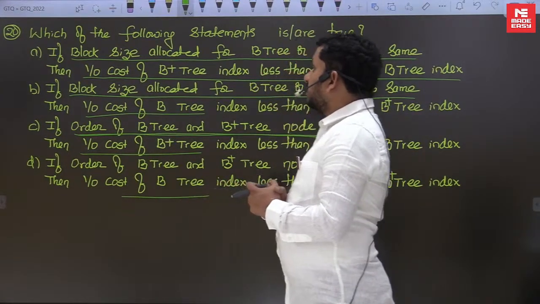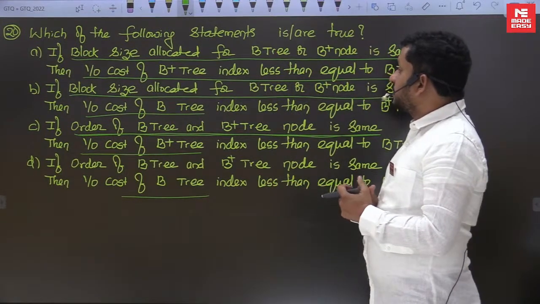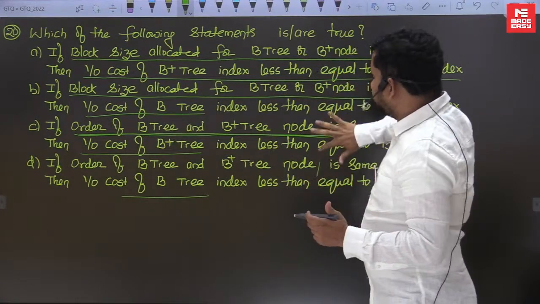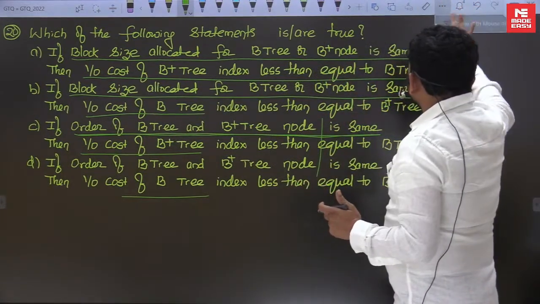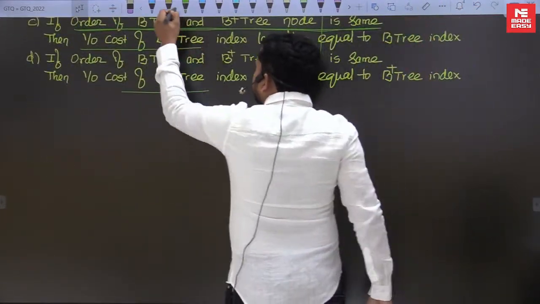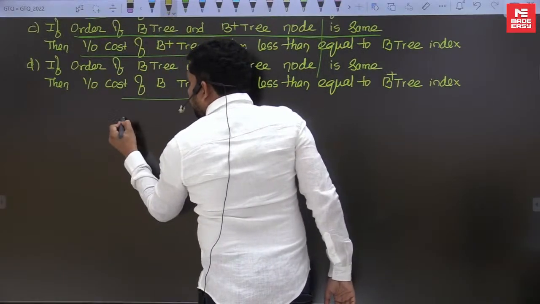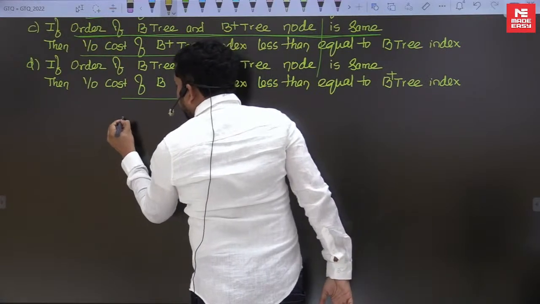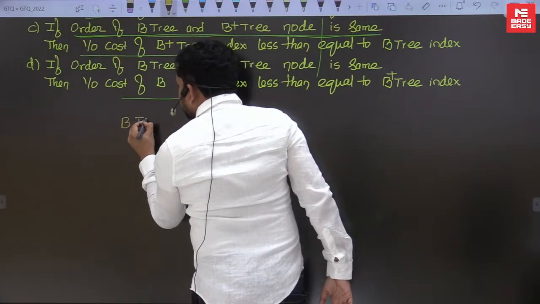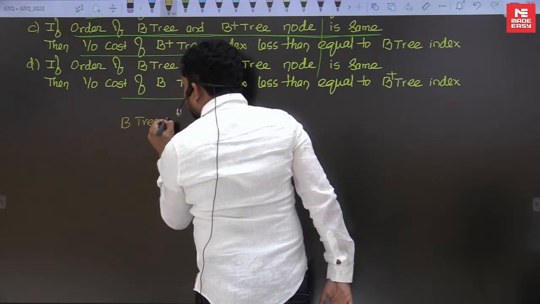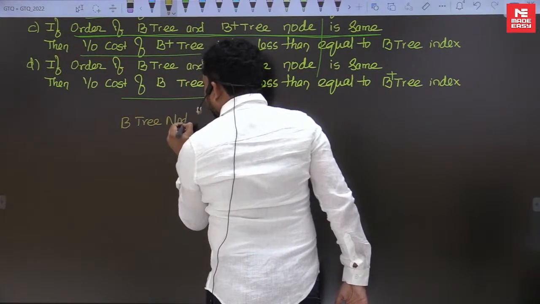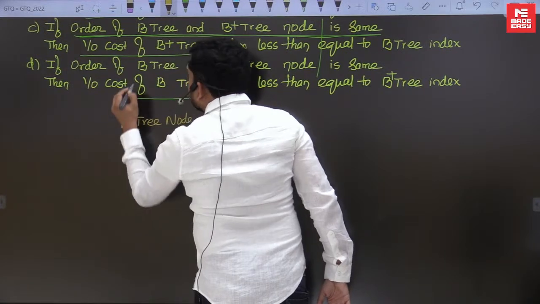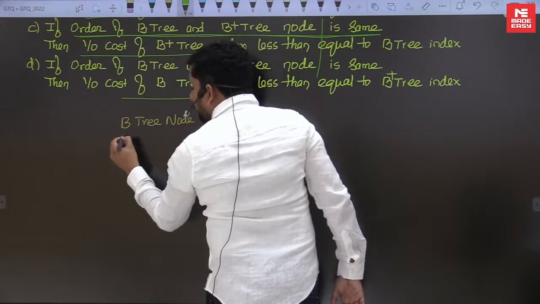See this one. If the block size we allocated for a B tree or B plus tree node is the same, then in a B tree node, assume P is the number of block pointers.